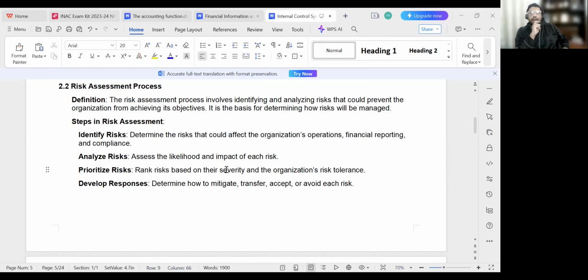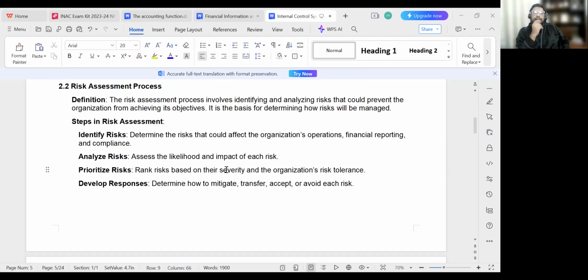That's the second component of the internal control of an organization. The first one was the control environment, in which you develop a culture and values and norms where everyone is taking care of the internal control systems.